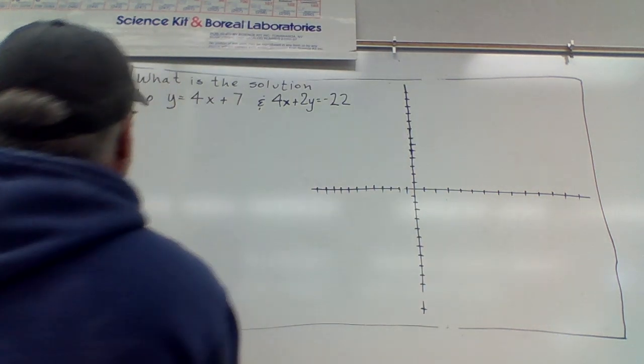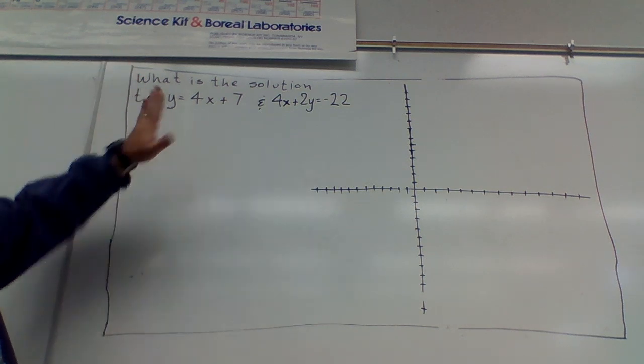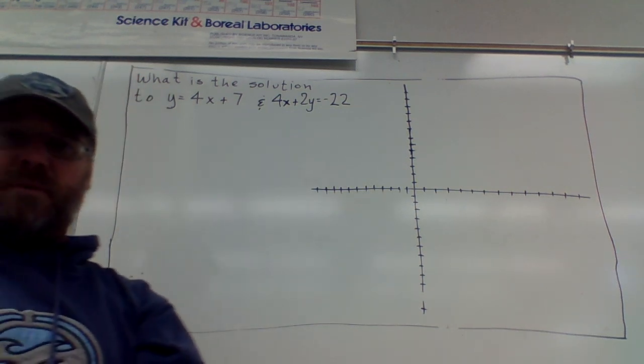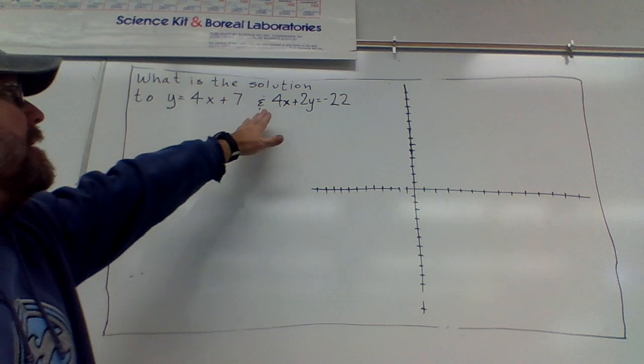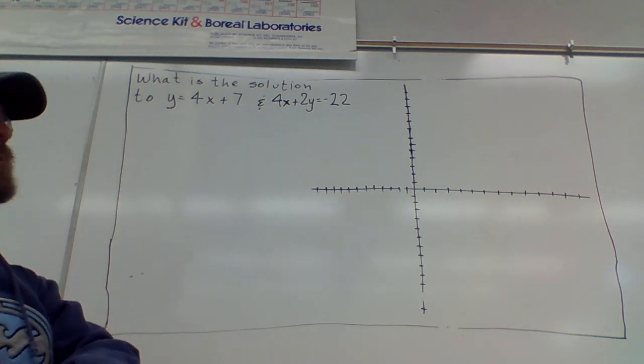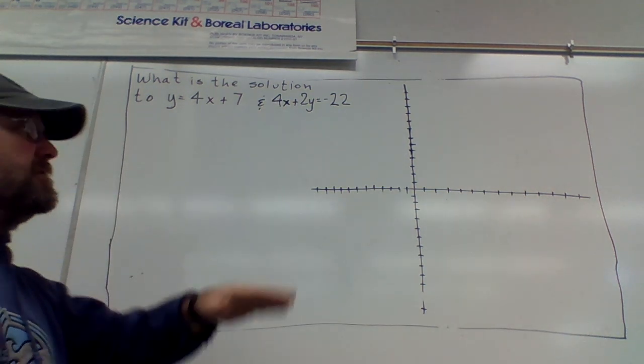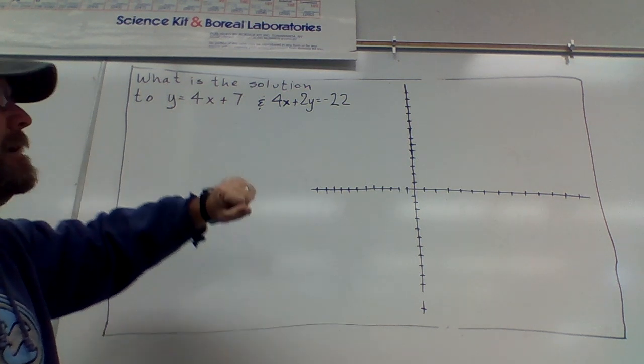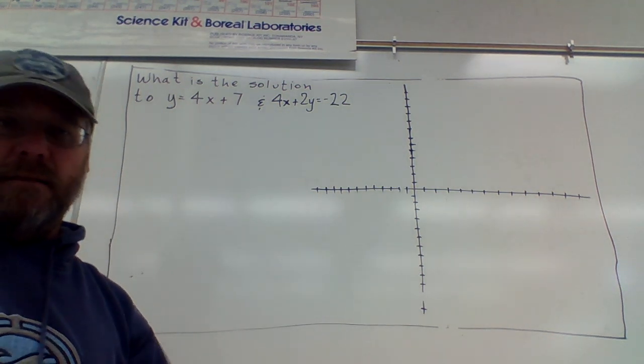Again, let's look at this problem and work through it. We have y equals 4x plus 7, and 4x plus 2y equals negative 22. This first one, right away, you should recognize as a line.